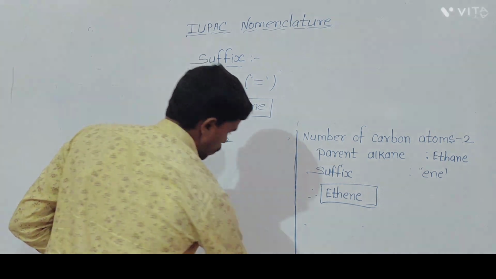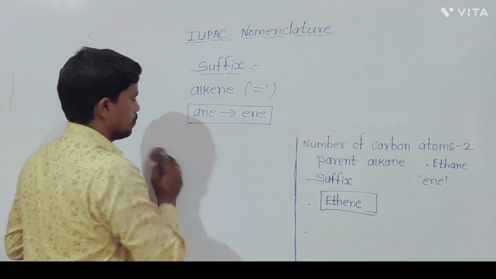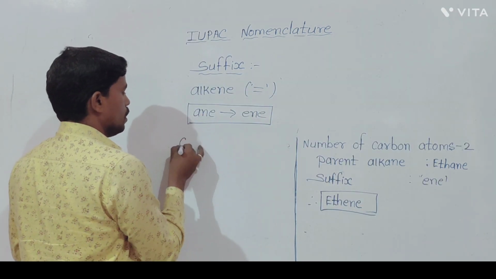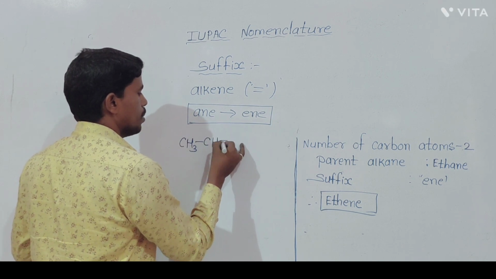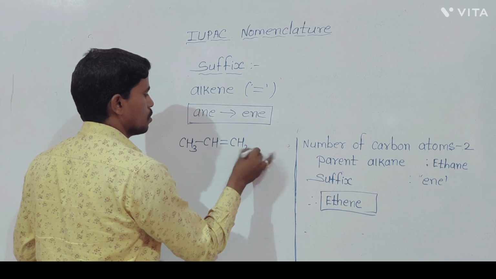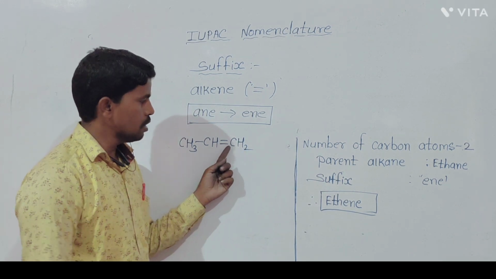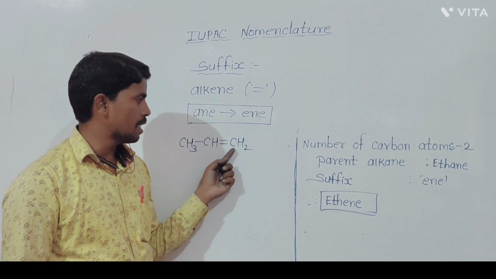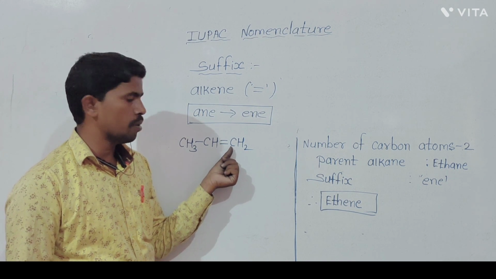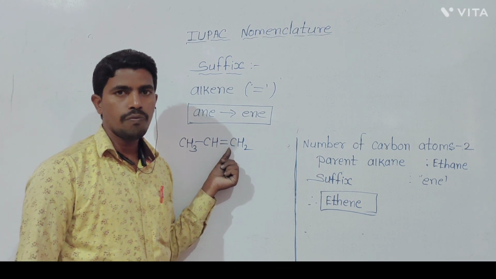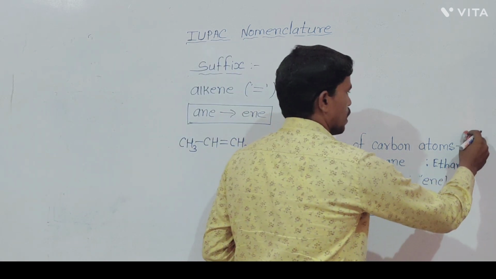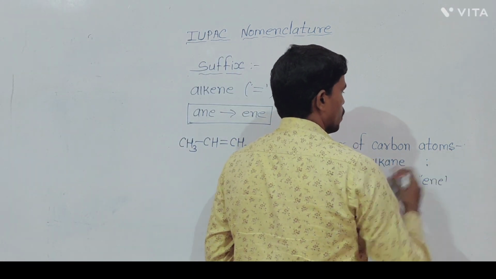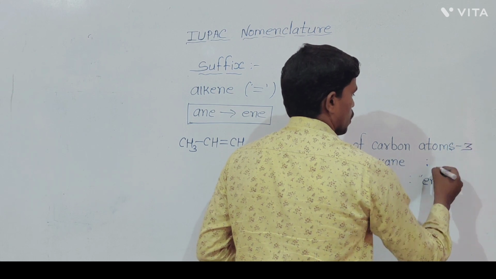For example, we will see the example CH3 CH double bond CH2. Here the double bond is present on the first carbon atom, therefore start numbering from this carbon atom. This is the first, this is the second, this is the third. The number of carbon atoms present in a straight chain is 3.